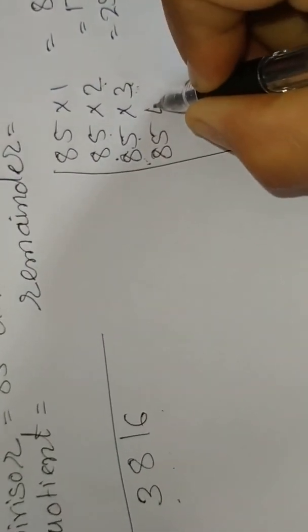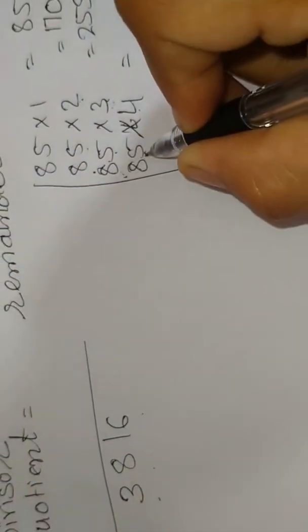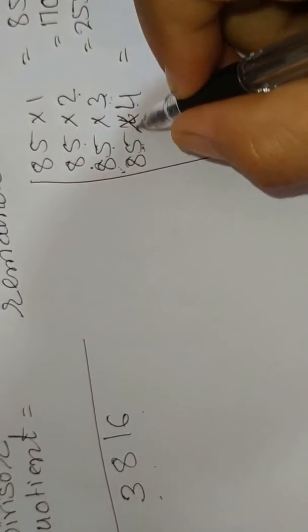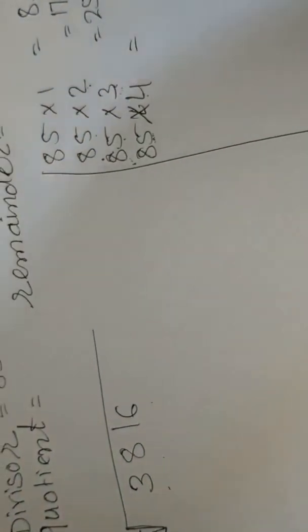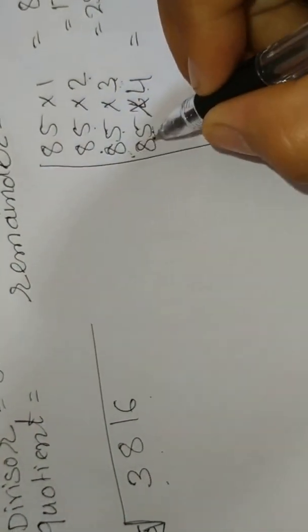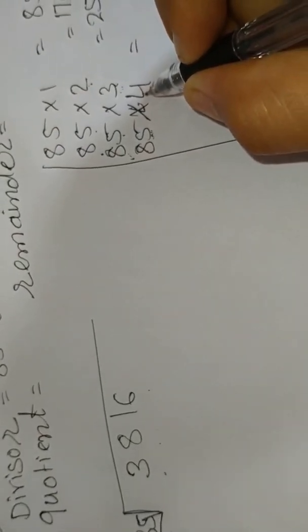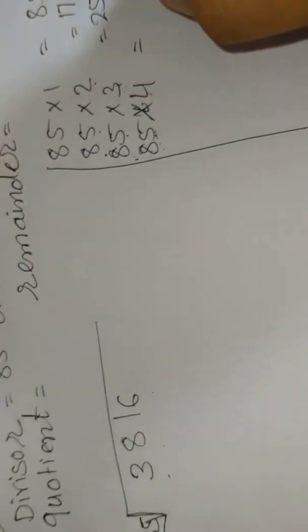85 fours are: 4 fives are 20, we write 0 here, 2 is a carryover. 4 eights are 32, 32 plus 2 is 34.